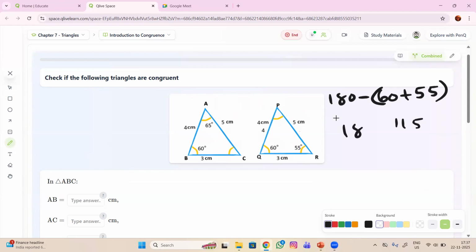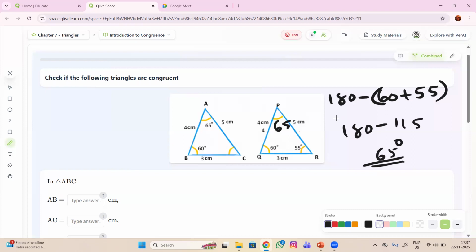Then we subtract from 180, and yes, it is clear that the answer is 65 degree, and we put it as 65 here.